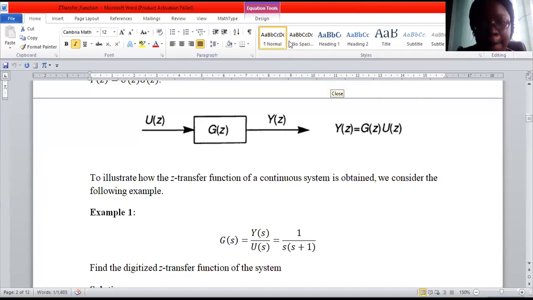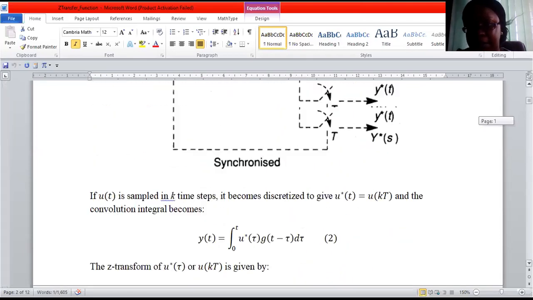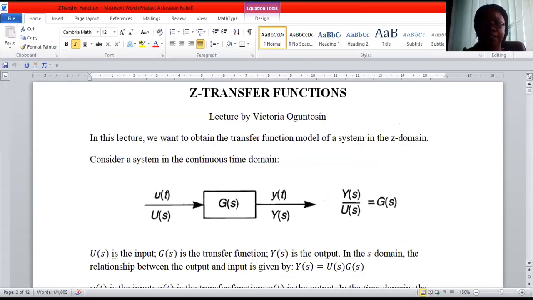So we are going to be talking about Z transfer functions today. I told you that this course is a continuation of what we did in 412. In 412, we were in the continuous time domain, but in this course, we're in the discrete time domain.